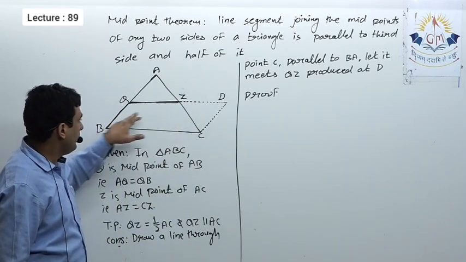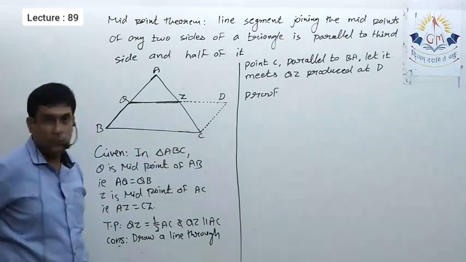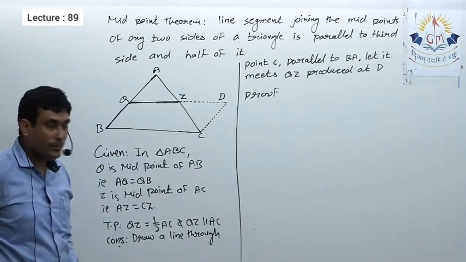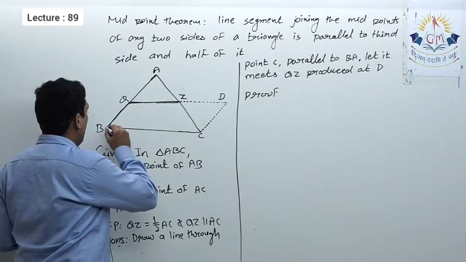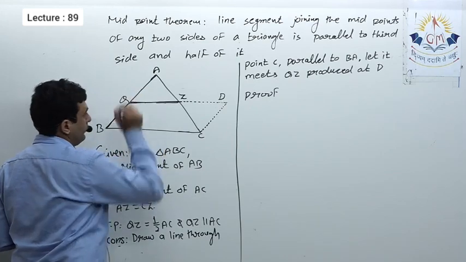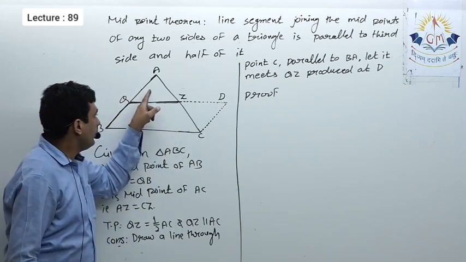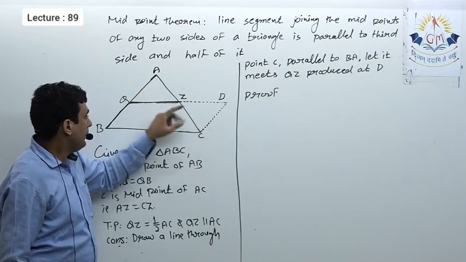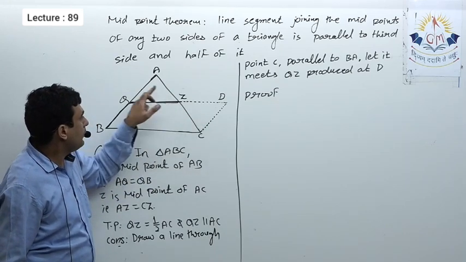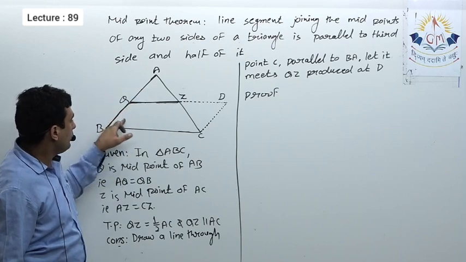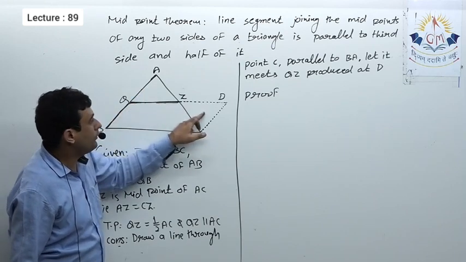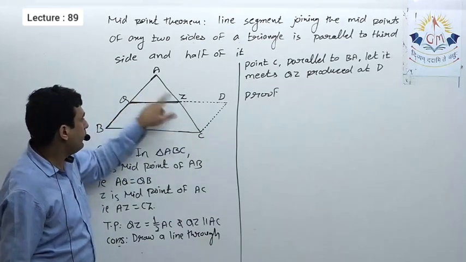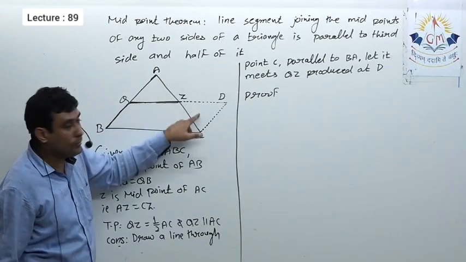Now, if it is possible to prove BQ equal to CD, we can say it's a parallelogram. We have BQ equal to AQ, so if we prove CD equal to AQ, we get BQ equal to CD. So our target over here is to prove AQ equal to CD.